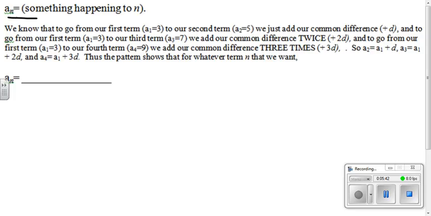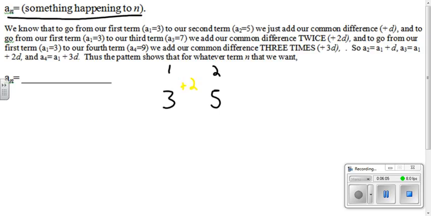If we want this a sub n equals something happening to our n, we know that to go from our first term, 3, and I'll call it 1 up here for first term, to our second term, 5, we had to add 2. That's our common difference.